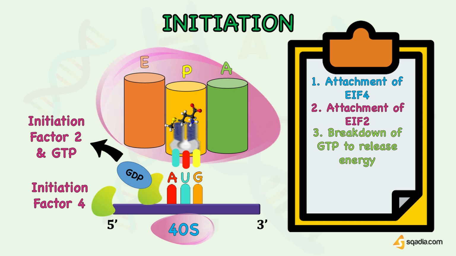And what will be the location of the transfer RNA? Yes, it will be in the P region. After initiation, the initiation factors and GDP will be released from the complex. Simple as that.